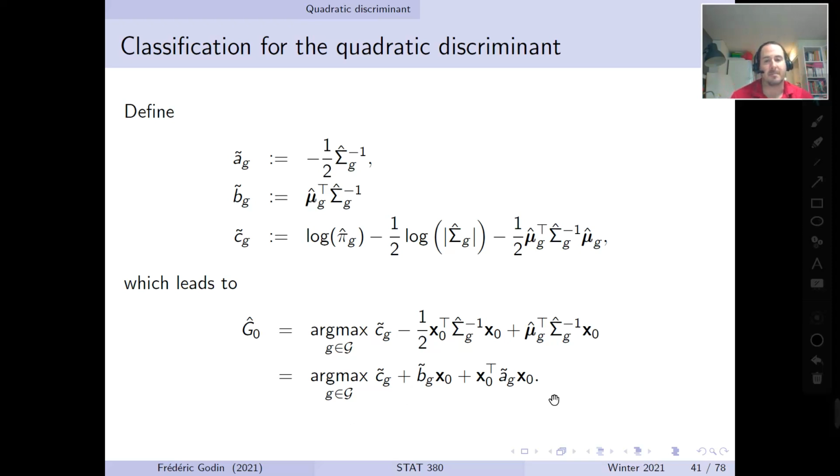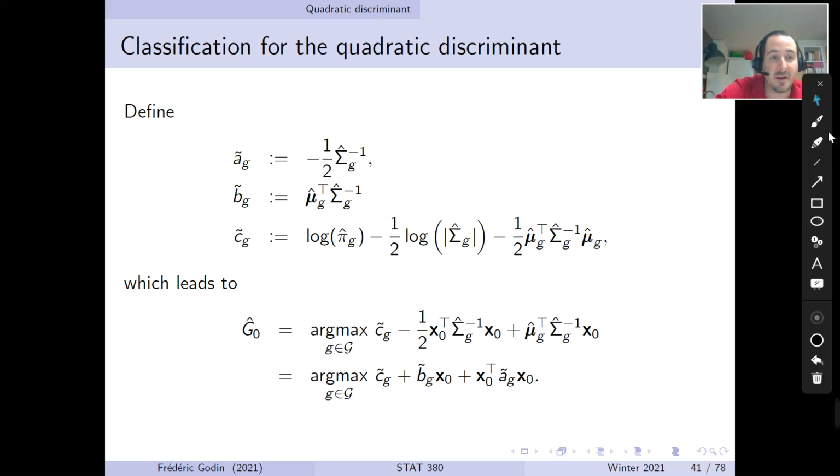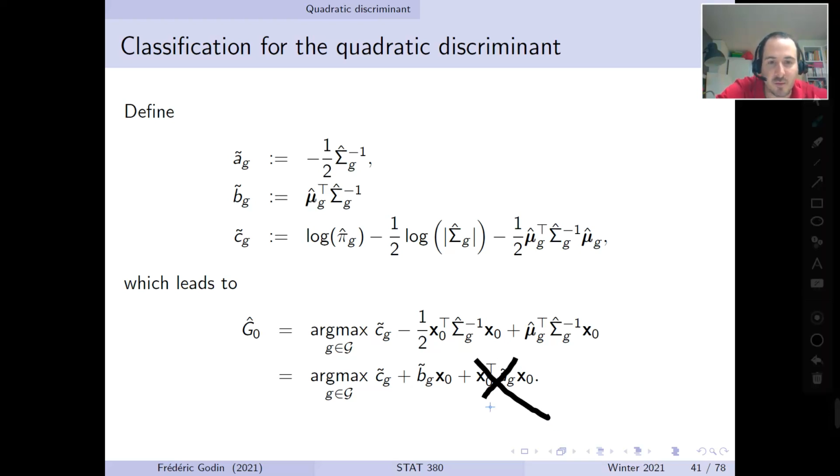And here we see that we have something different, because in the previous LDA, we had a linear equation, so we didn't have any quadratic term here, and the expression for C was a bit different. So this is why I've put tildes here. It's because the C G here and the C G from the previous LDA are different.